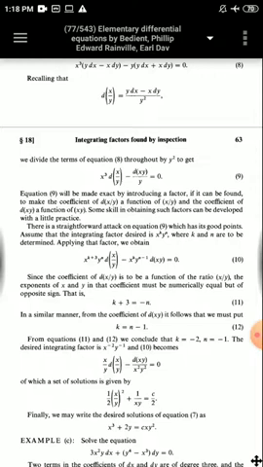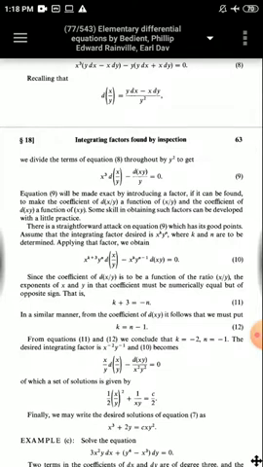There is a straightforward attack on equation 9 which has its good point. Assume that the integrating factor desired is x raised to k y raised to n, where k and n are to be determined. Applying the factor we obtain equation number 10.